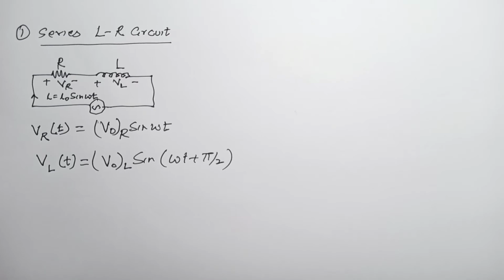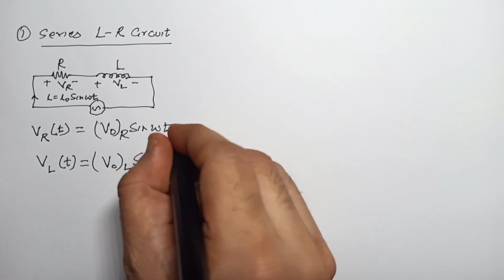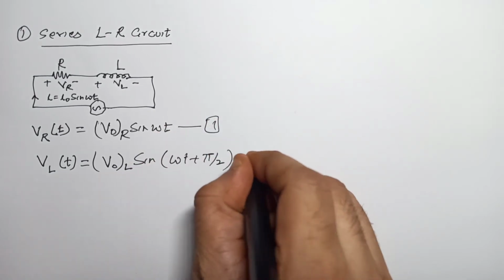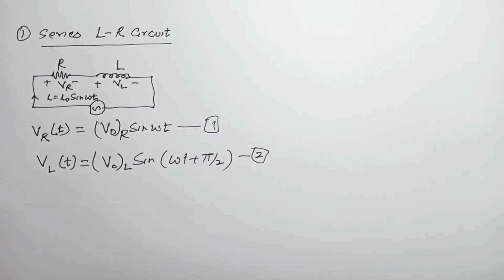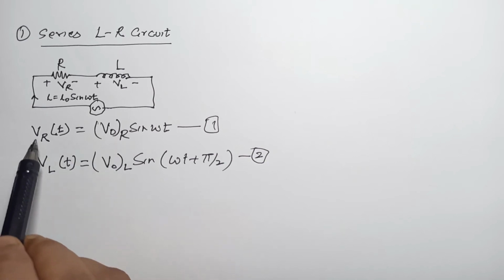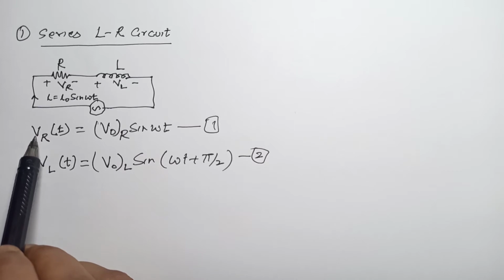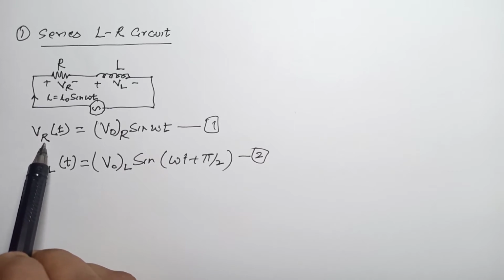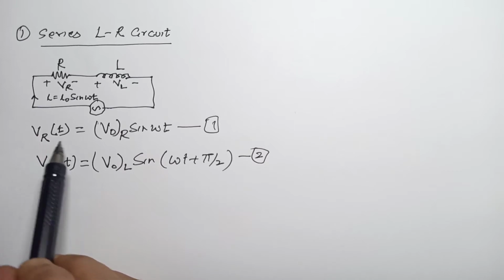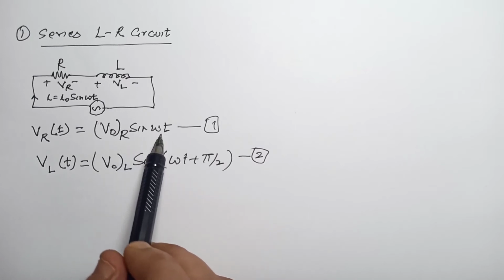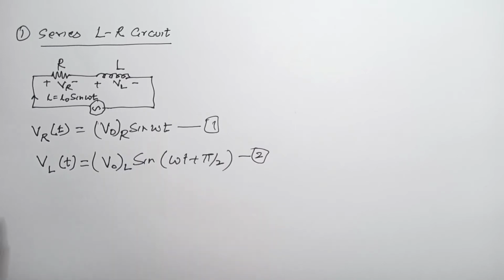Now students, if we check equation number 1 and equation number 2, what we will realize is that equation number 1 is the potential at R with respect to t, and the phase is omega t. Similarly, for the inductor, the phase is omega t plus pi by 2, correct. So what is the phase difference?